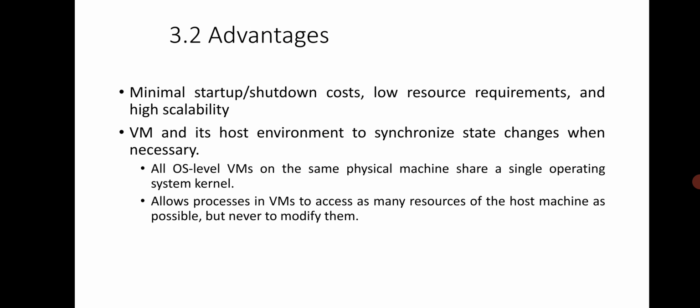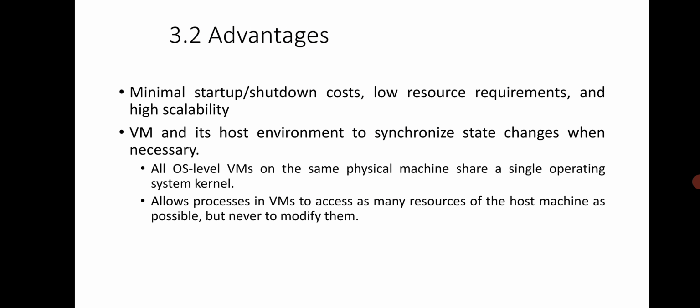The main advantages of the virtual machine are minimal startup, low resource requirements, and high scalability. The virtual machine and its host environment synchronize state changes when necessary. All the operating system level virtual machines on the same physical machine share a single operating system kernel.